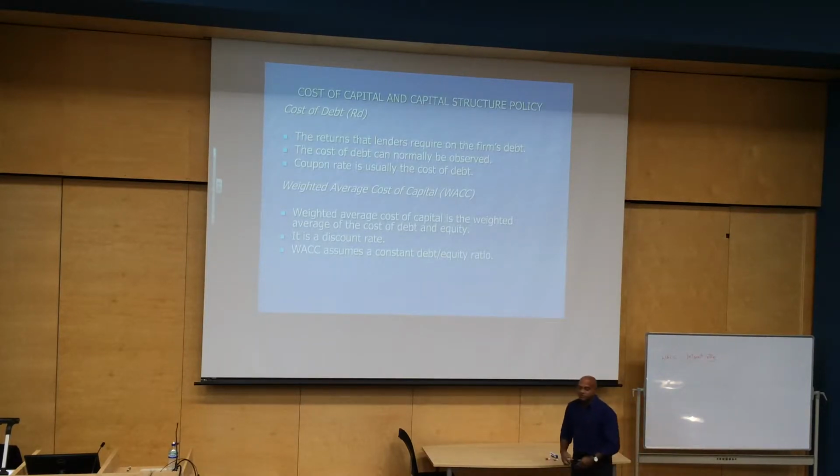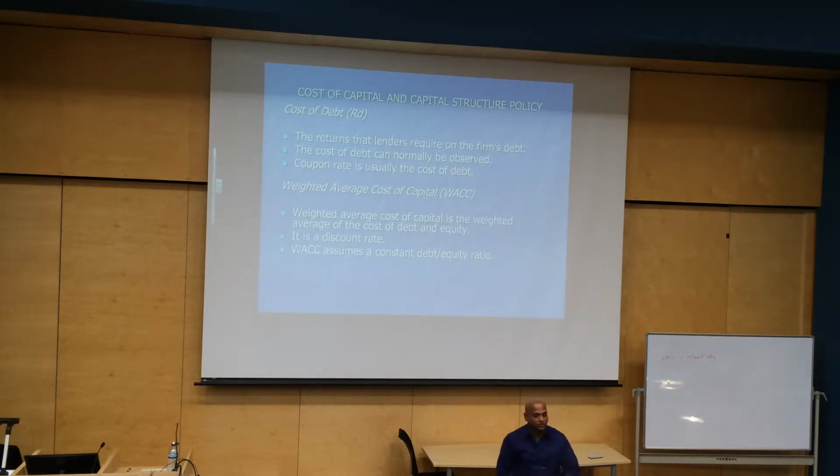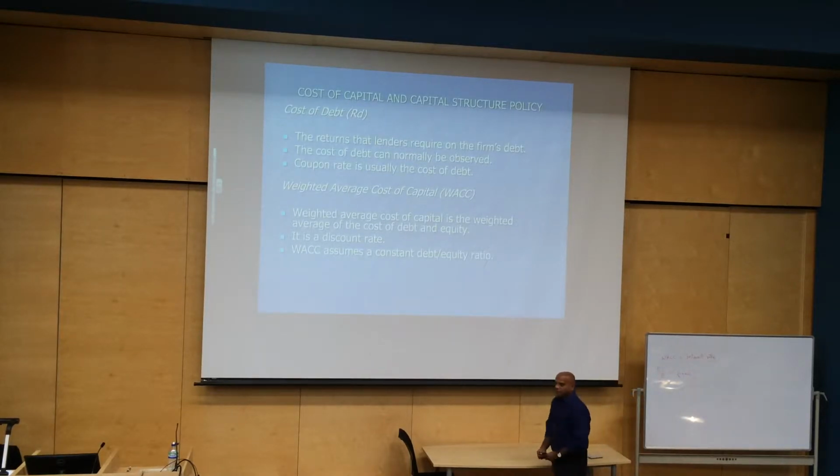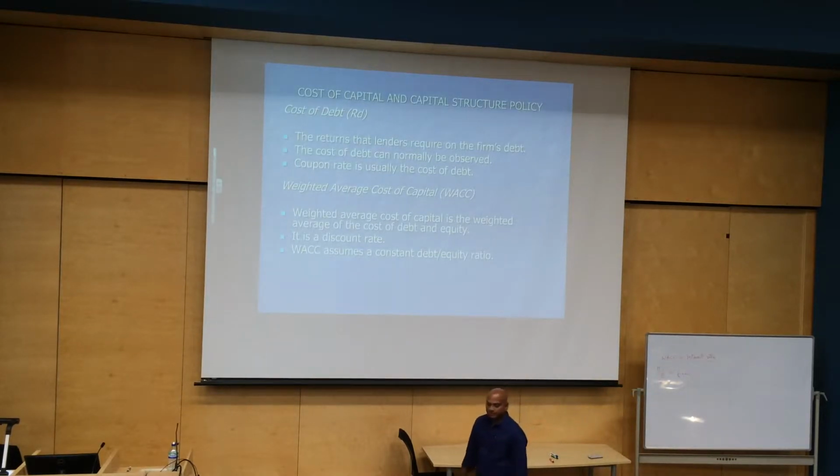Now, one of the things assumed is that the debt to equity ratio remains constant. The debt to equity ratio is fixed. It assumes that debt to equity is constant. Does that mean debt and equity don't change?